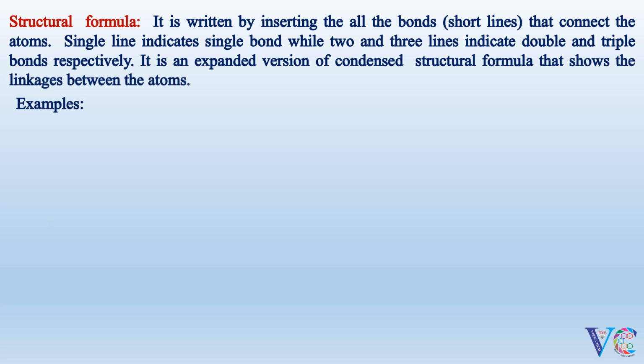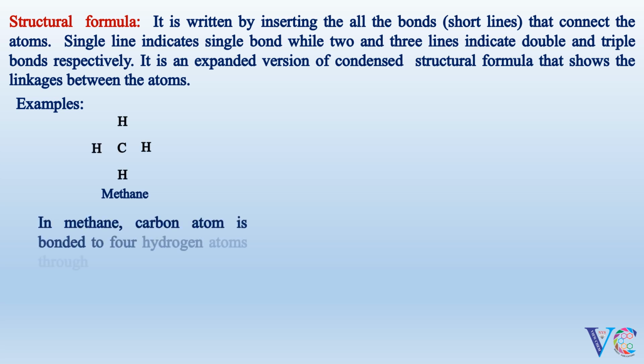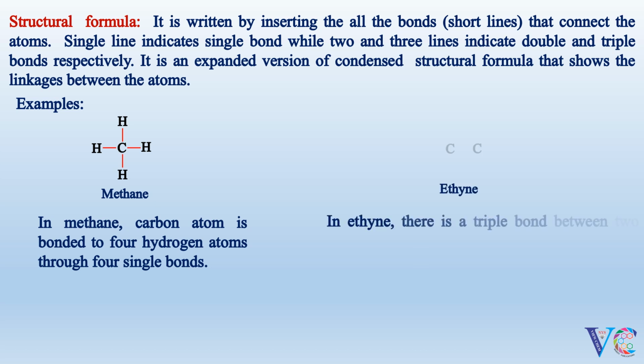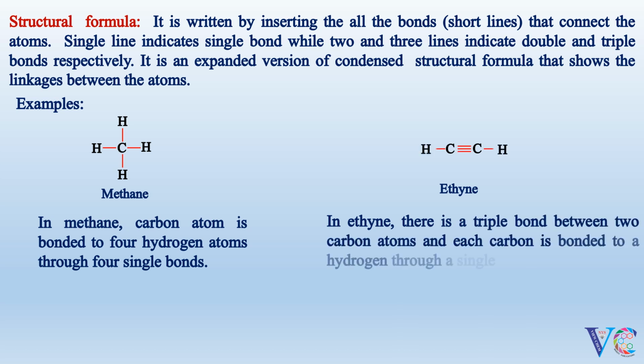Examples: in methane, carbon atom is bonded to 4 hydrogen atoms through 4 single bonds. In ethane, there is a triple bond between 2 carbon atoms, and each carbon atom is bonded to a hydrogen through a single bond.